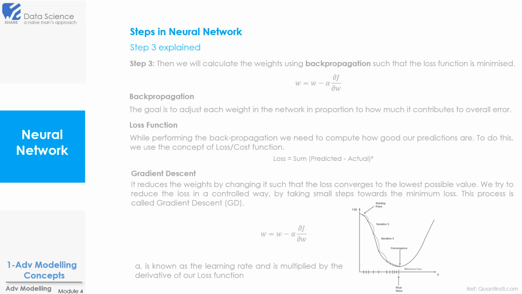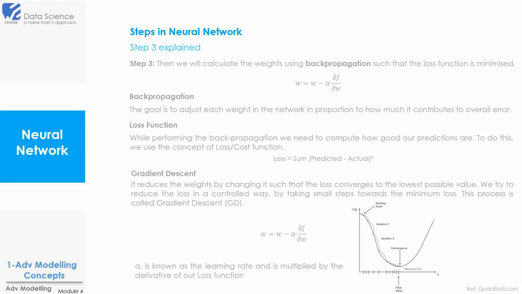Here alpha is known as the learning rate and it is multiplied by the derivative of our loss function. So we have taken a partial derivative of the loss function here. In a partial derivative, we find the derivative with respect to a particular term and keep the remaining terms constant.